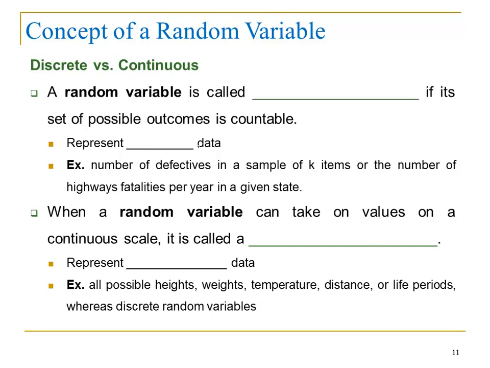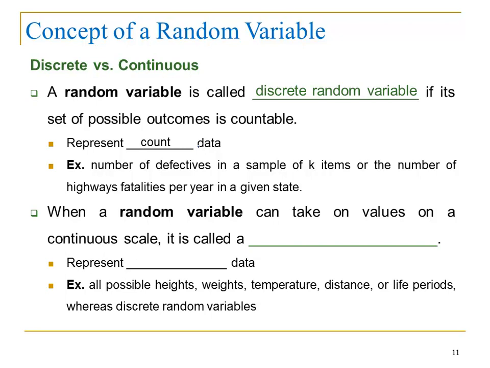So a random variable is called a discrete random variable if its set of possible outcomes is countable. So it represents count data. Okay, for example, the number of defectives in the sample of K items, or the number of highway fatalities per year in a given state. Those are the type of things that you can count.